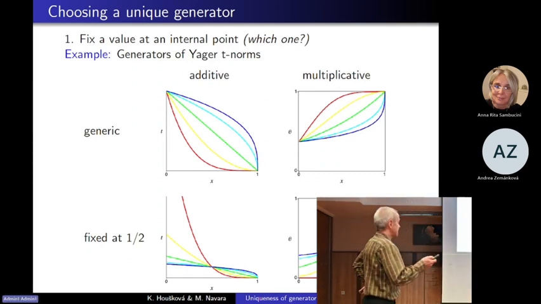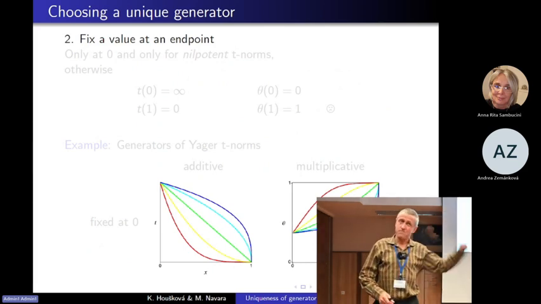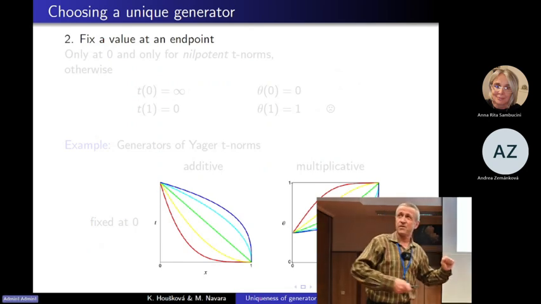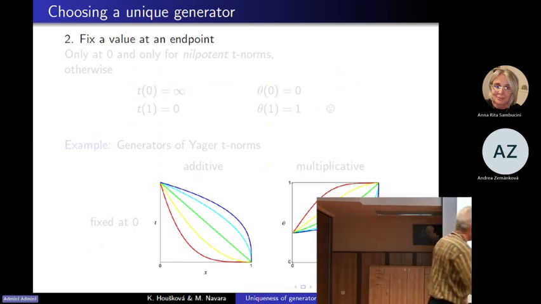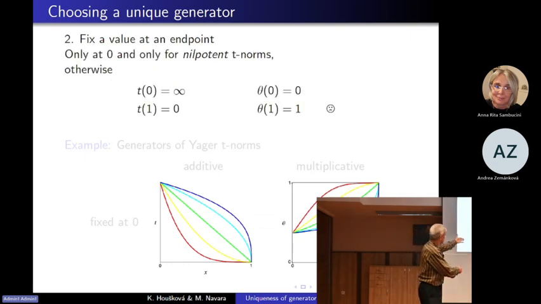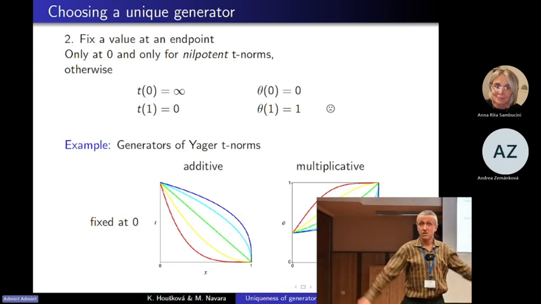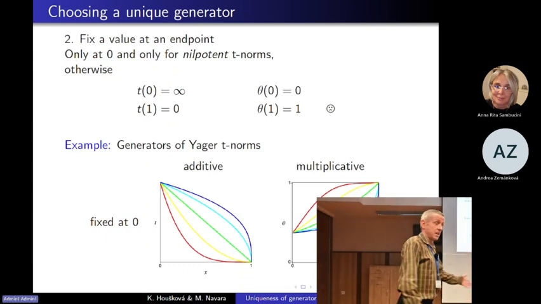So let's look for alternatives. Yes, fix a value at an endpoint, some distinguished point which we have chosen. In fact, in the case of Jaeger t-norms, we already had it fixed at the beginning at 0, and that looks reasonably nice.